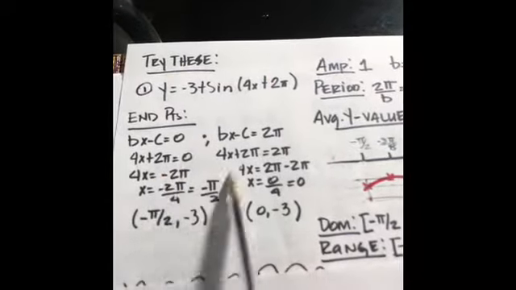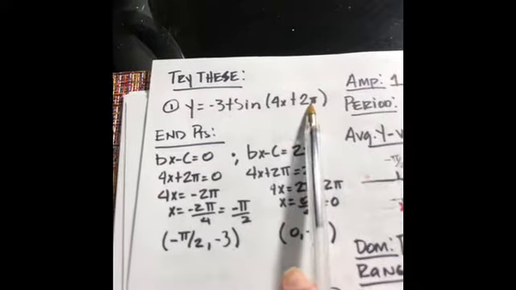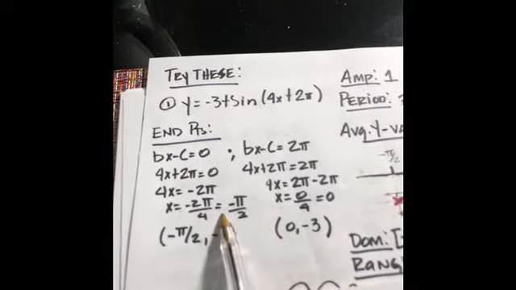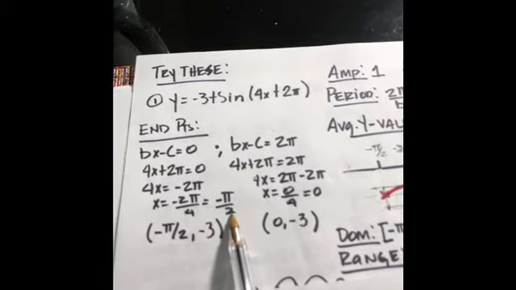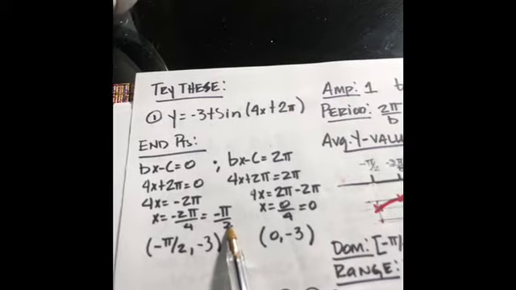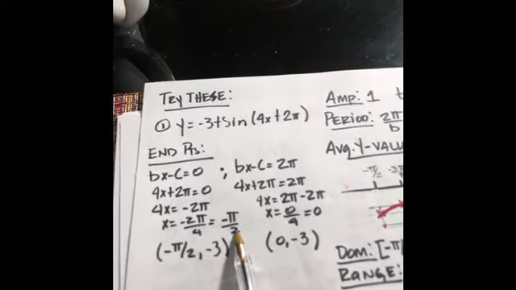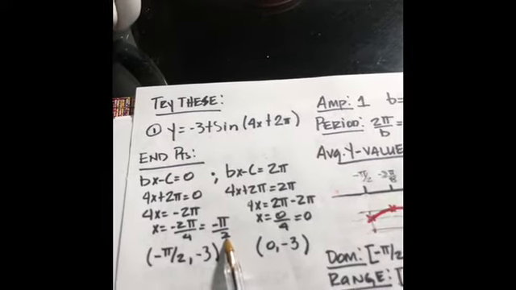So I go and get the endpoints. Bx plus c is equal to 0, which is this part of the equation, equal to 0, solve for x. So x is equal to -pi over 2. This part over here is going to be telling me the phase shift. Remember that I told you that we were going to discuss the phase shift of the graph. The phase shift is the horizontal movement of the graph.